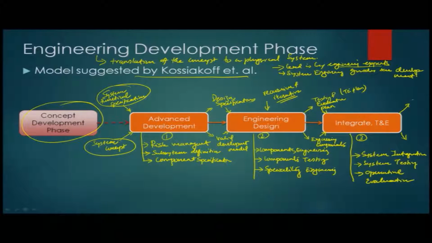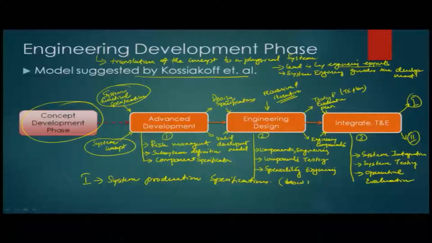So I am just writing the outputs as 1 and 2 here, and we will see what these outputs are quickly. So output 1 will be the system production specifications. So how will you manufacture? Here the question is, how will the manufacturing happen?